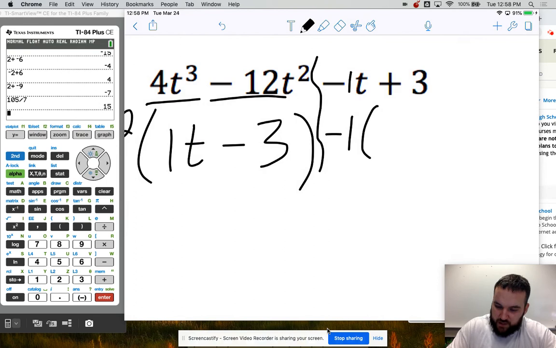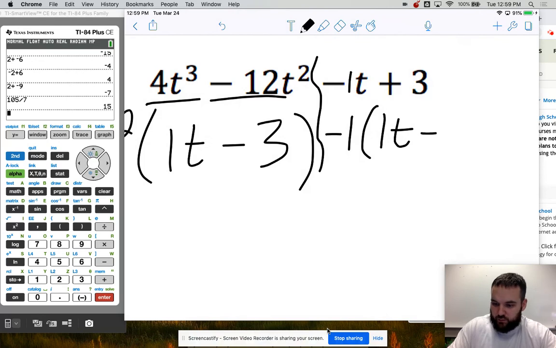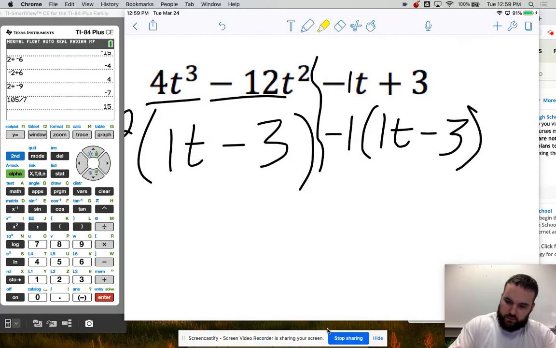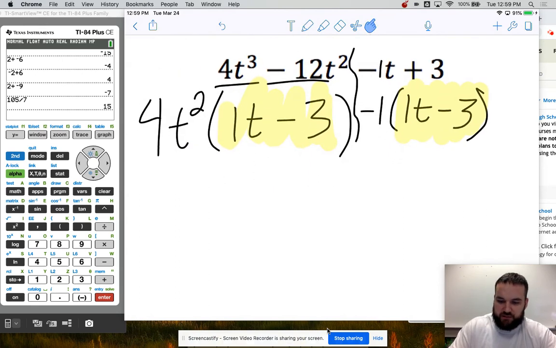So if I divide by negative 1, that'll give me 1t. And then positive 3 divided by negative 1 will switch to minus 3, which is perfect because now my parentheses match. If I hadn't taken out the negative, and had just written positive 1 right here, the parentheses wouldn't have matched, and then bad things happen.